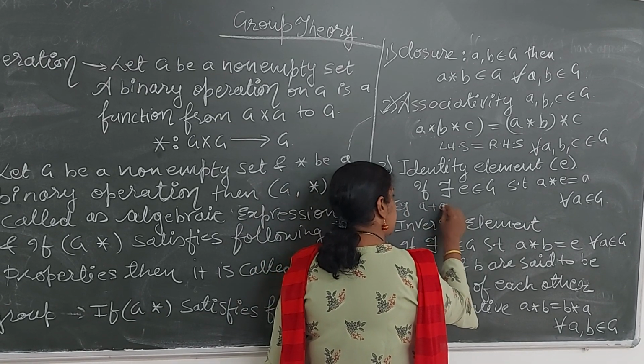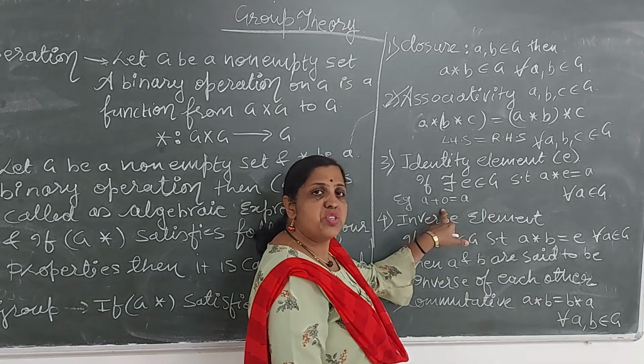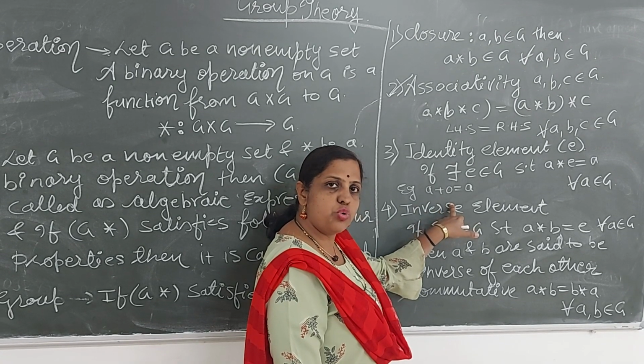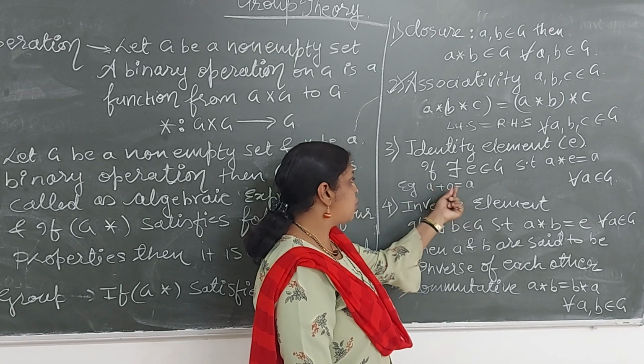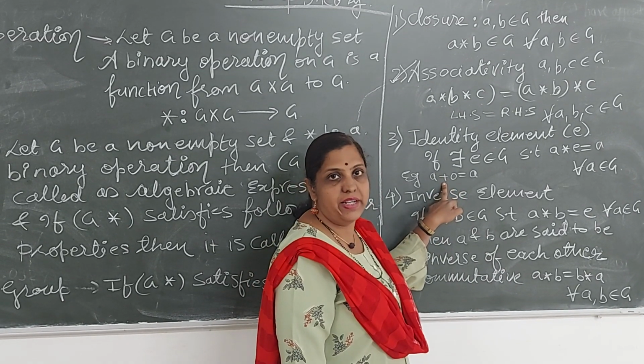Here I would like to give you one example. A plus 0 is equal to A. 2 plus 0 is equal to 2. 2000 plus 0 is equal to 2000. Like this, 0 is an identity element for normal addition.